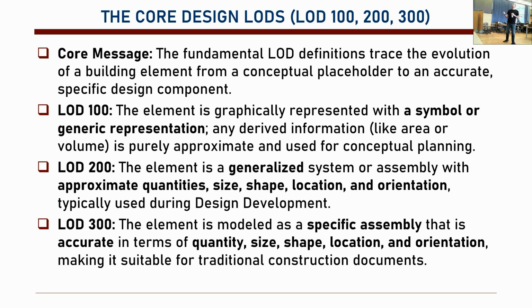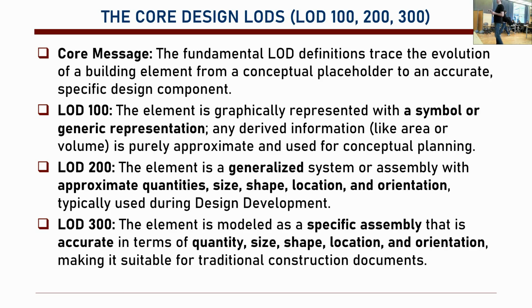That's LOD 100. LOD 200: the element is a generalized system or assembly with approximate quantity, size, shape, location, orientation, used during design development. What you're doing in the second year studio towards the end of the semester is design development. Okay, so you're putting columns, you're putting windows, you're putting surfaces, so that's design development.